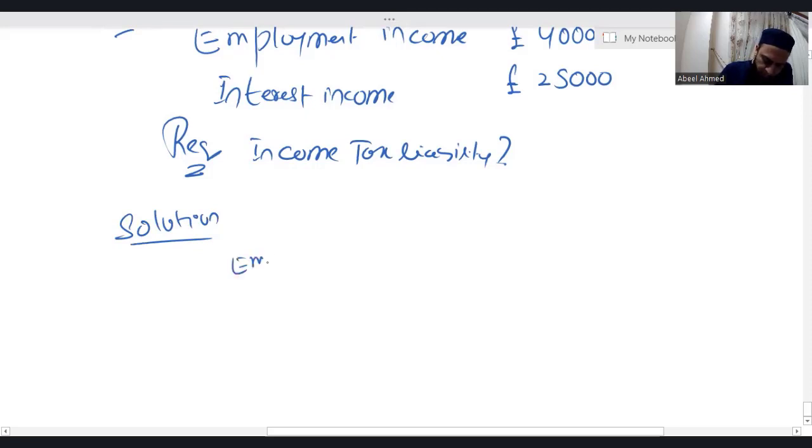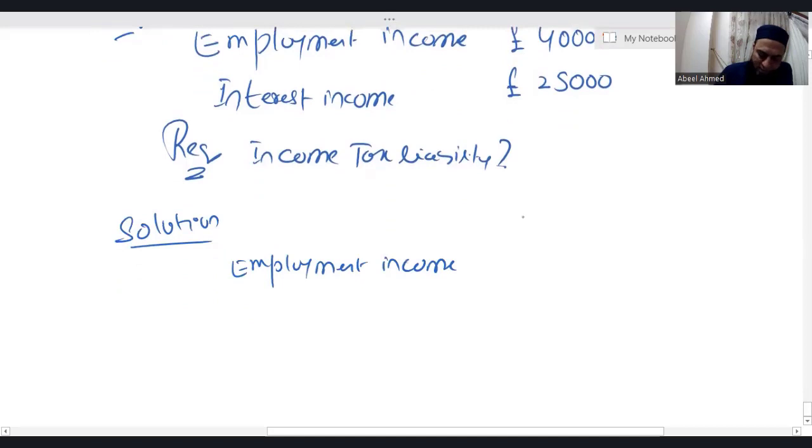Employment income is £40,000. Interest income, saving income, is £25,000.